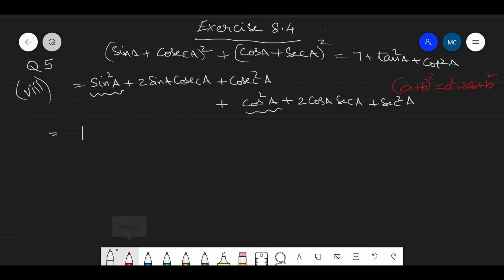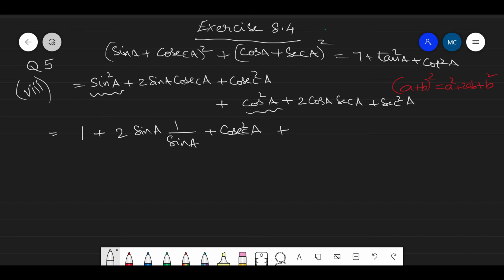And this will become 2 into sin a. Cosecant a, we know that it is 1 by sin a, plus cosecant square a. Already the sin square a plus cos square a went into that 1 using the identity.